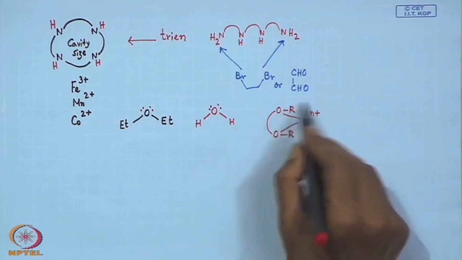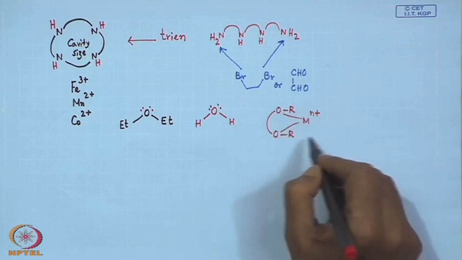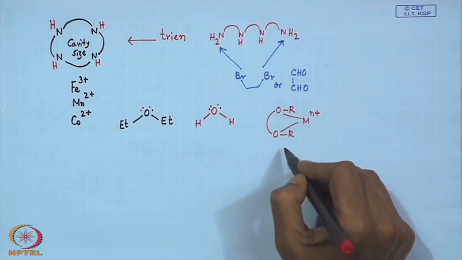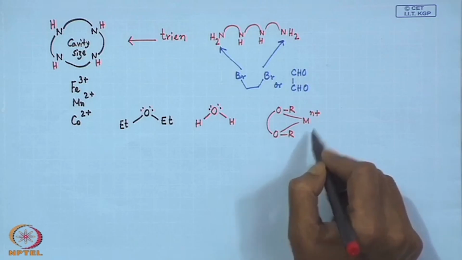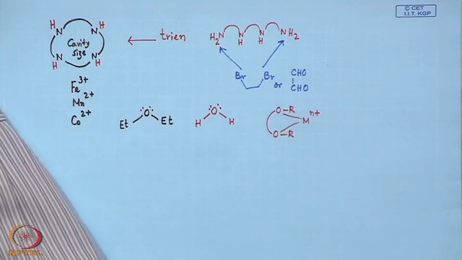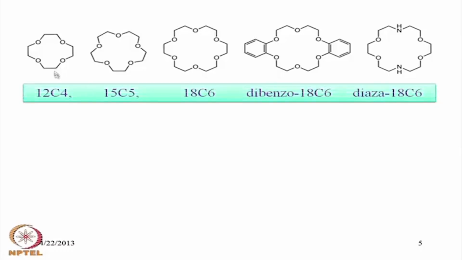So, if we now complete the cycle by 3 or 4 donor atoms, 4 ether like of this thing, we get a cyclic system, where these cyclic systems are known as the corresponding crown ethers. So, these are another group of ligands in this particular class. They are crown ether ligands, because they are very useful and they can bind to metal ions like sodium, potassium and others very weakly, like that of the coordination of water molecule.